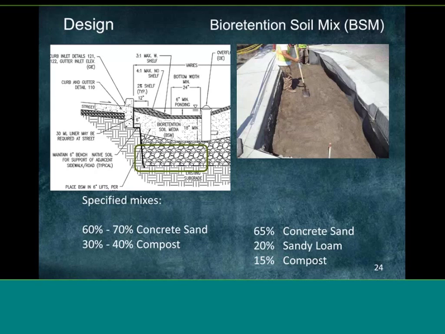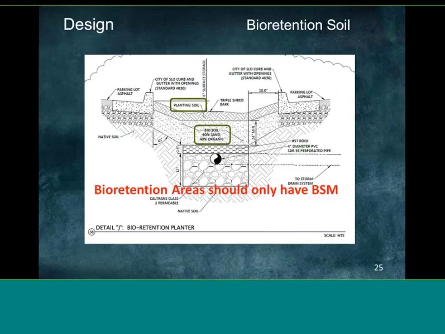And when you consider planting in 60 to 70% concrete sand in such an arid environment, there might not be enough moisture retention for plants. So this is under discussion across the field.